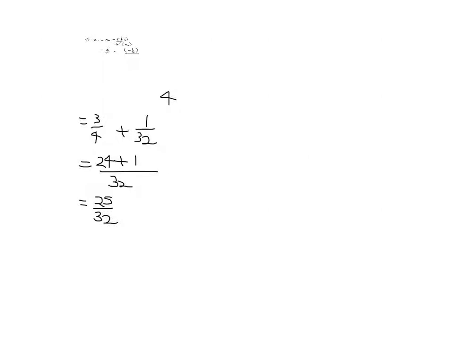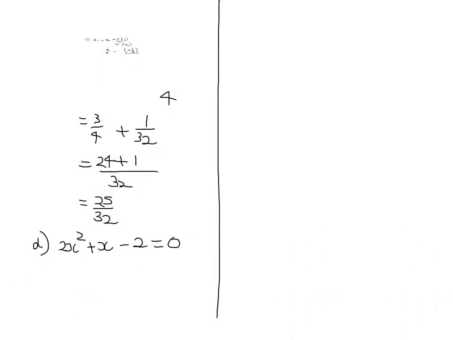so very close. And the last question is use the quadratic formula to try and solve it. So it's 2x squared plus x minus 2 equals 0. The quadratic formula says x equals minus b plus or minus the square root of b squared minus 4ac, over 2a, which is 4.